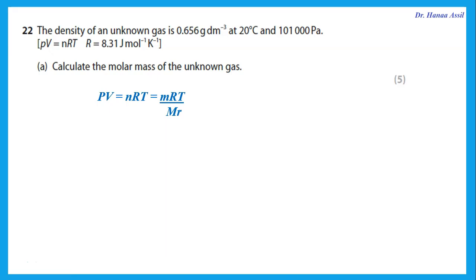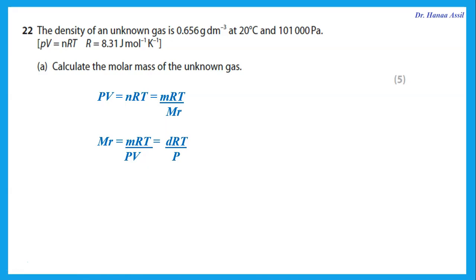And we know that n, which is the number of moles, is mass over molecular mass. So if we rearrange the equation, then the molecular mass is mRT over PV. But we're given density, and we know that density is mass over volume, so I can replace mass over volume by density.